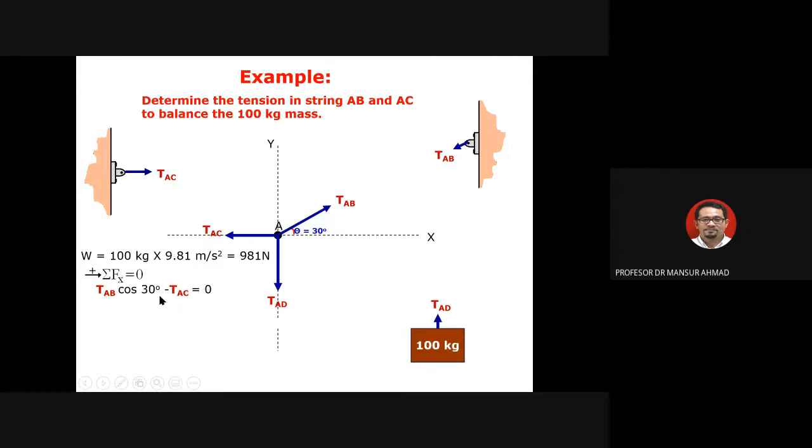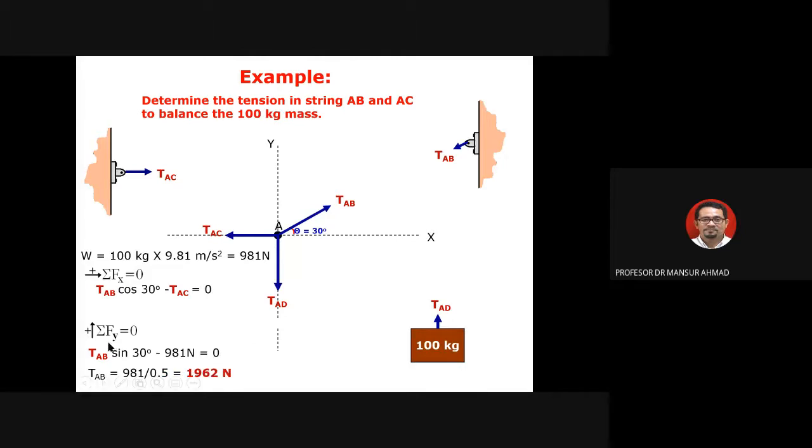So I'm going to proceed summing forces in Y direction. So this is summing forces in Y direction.